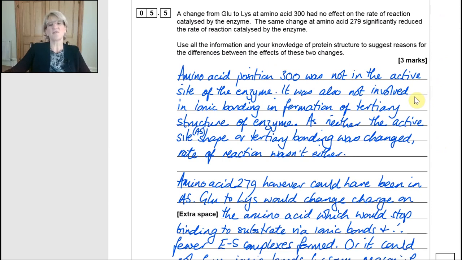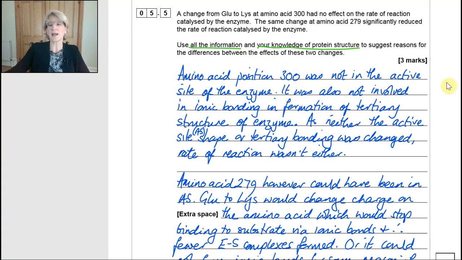This question is about the effect of changing amino acids in an enzyme. Use all the information and your knowledge of protein structure. There's a big clue. You're going to be talking about primary, secondary, tertiary structure and suggesting reasons for the differences. So the most obvious one, that amino acid position 300 was not in the active site.